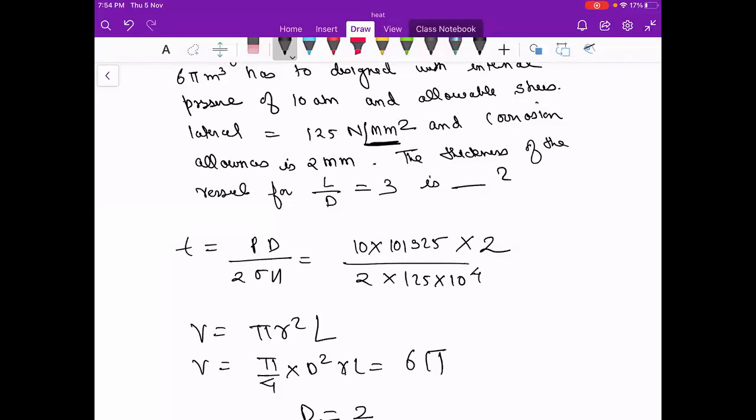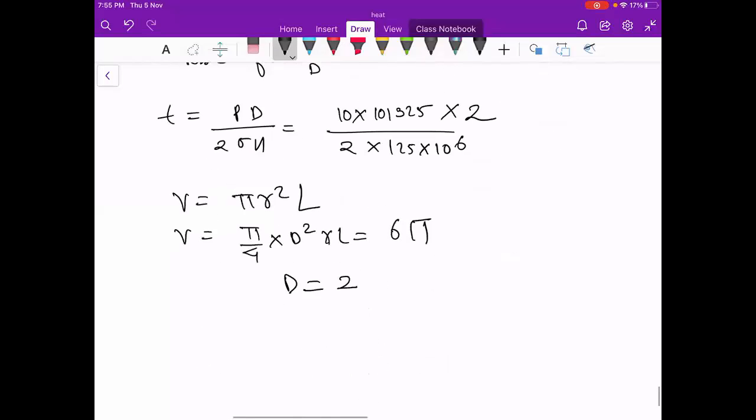Now it is coming 10 to the power 6. That's why students are writing 10 to the power 6. And this answer will come 8 mm.